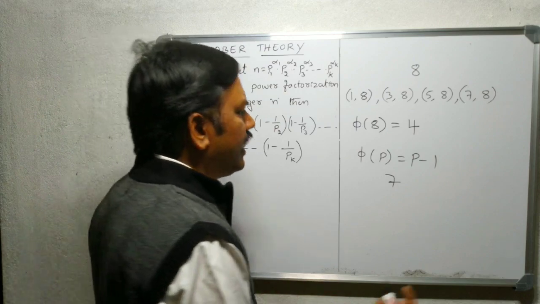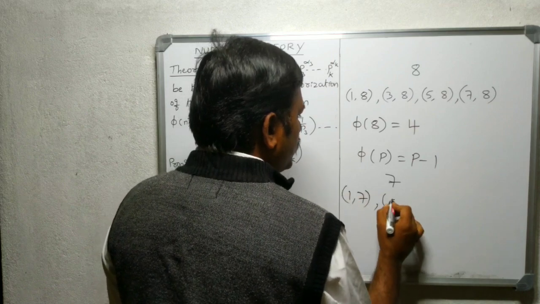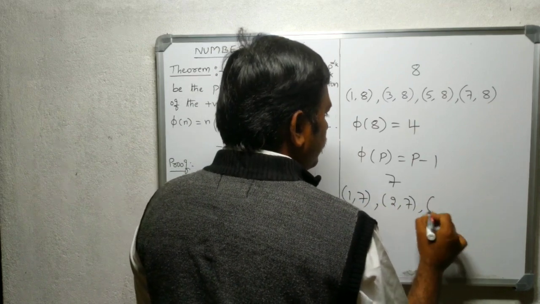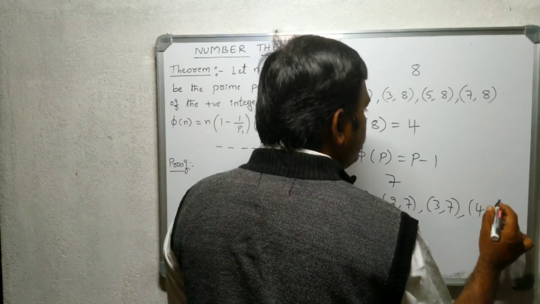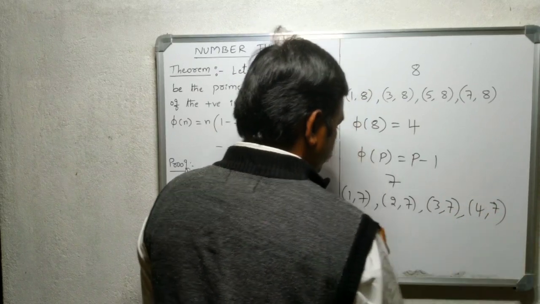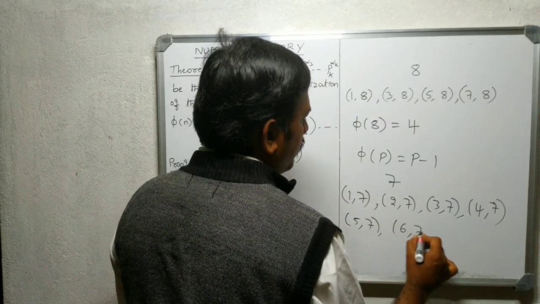How do 6 numbers come? See here, 1 is relatively prime to 7, 2 is relatively prime to 7, 3 is relatively prime to 7, 4 is relatively prime to 7, 5 is relatively prime to 7, 6 is relatively prime to 7.